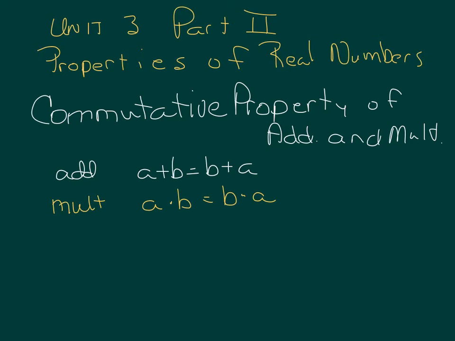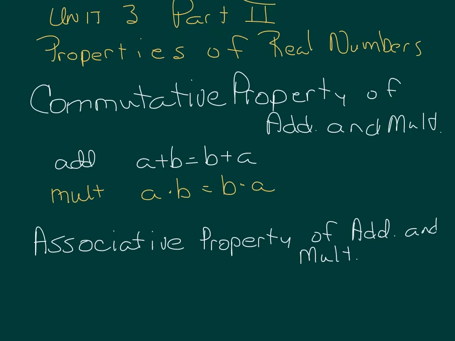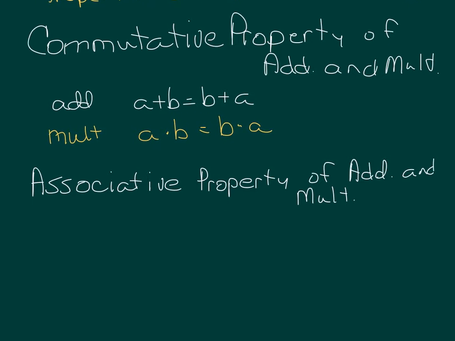Okay. The next one we want to talk about is the associative property. And again, that is for addition and multiplication. Associative has to do with grouping.